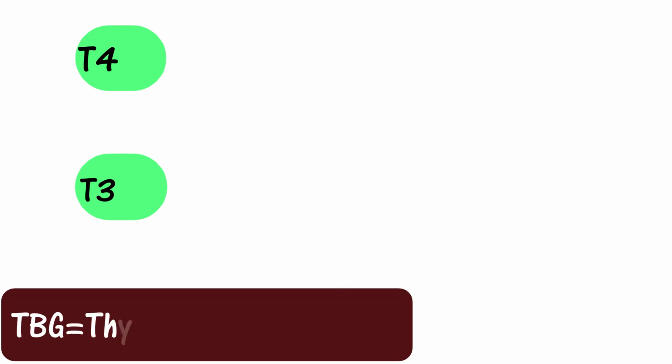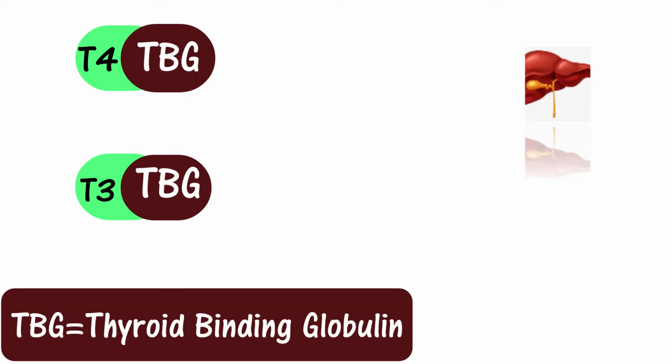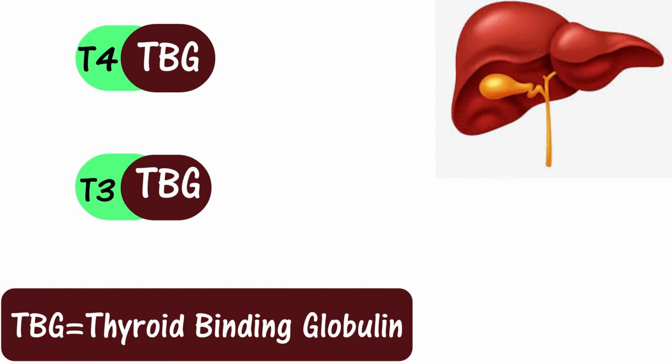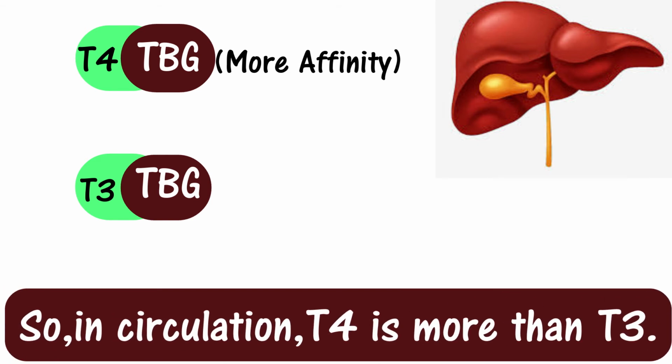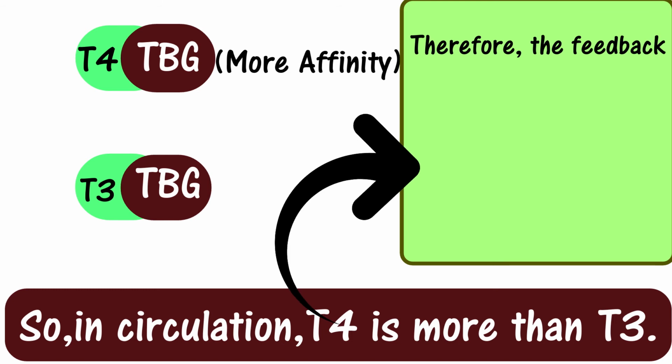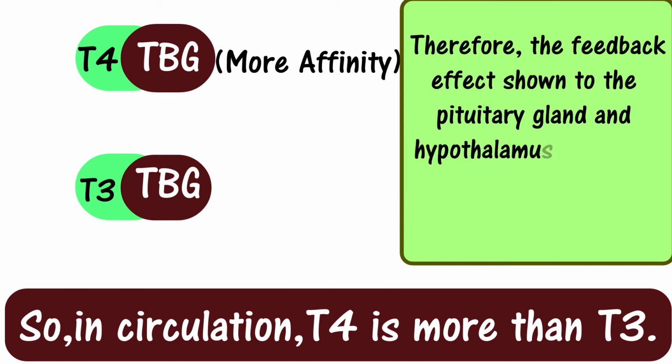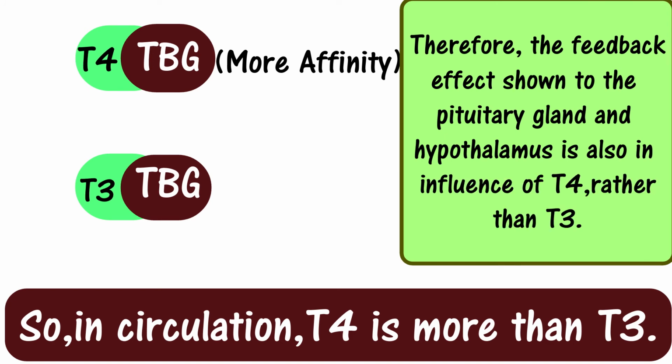The main protein binding T4 and T3 in circulation is thyroid binding globulin, which is formed by the liver, and the affinity to this plasma protein is more for T4 than T3. So, in circulation, T4 is more than T3. Therefore, the feedback effect shown to the pituitary gland and hypothalamus is also under the influence of T4 rather than T3.